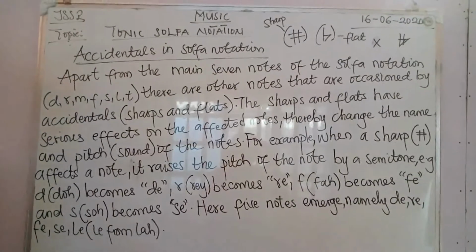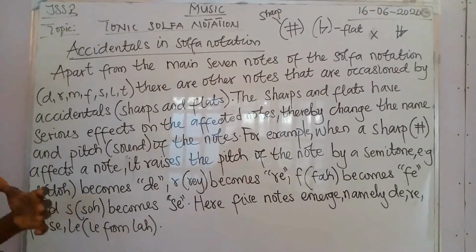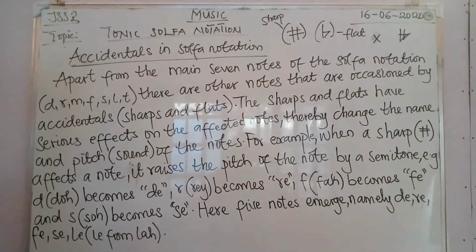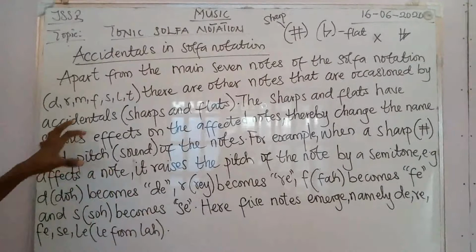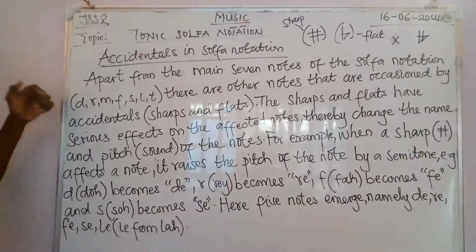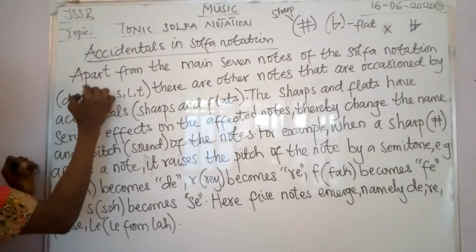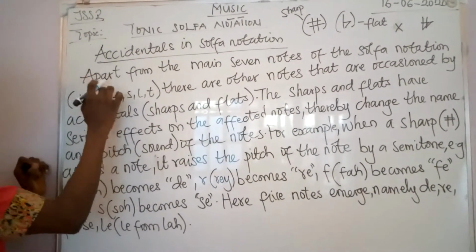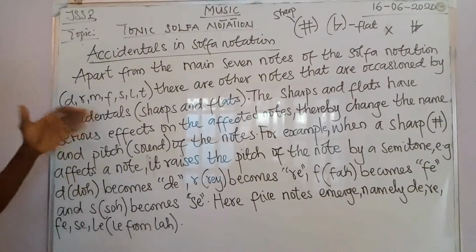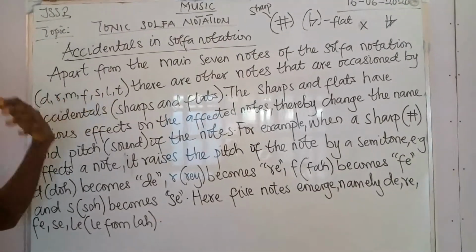So accidentals in tonic sol-fa notation are gotten when the sharp or flat affects any of these natural syllables. Do becomes Di, Re becomes Ri. Mi remains Mi. You can't sharpen it because when you sharpen Mi, it gives you Fa. So Fa becomes Fi, Sol becomes Si, and then La becomes Li.